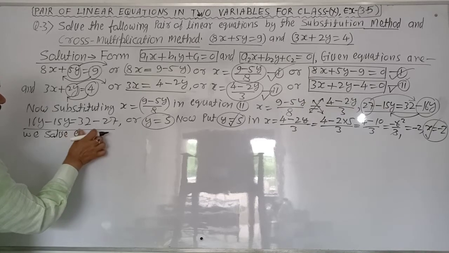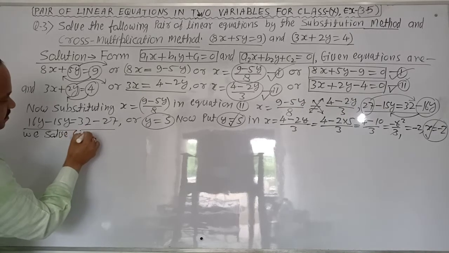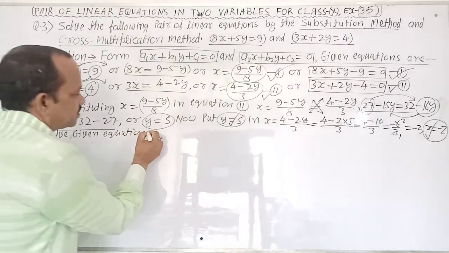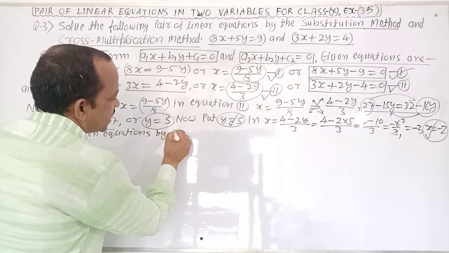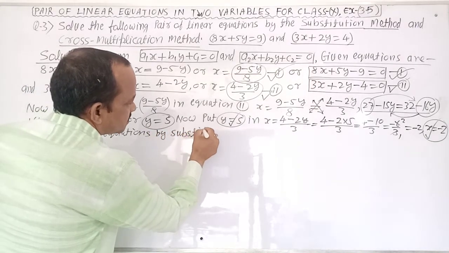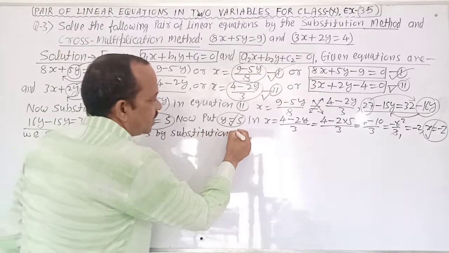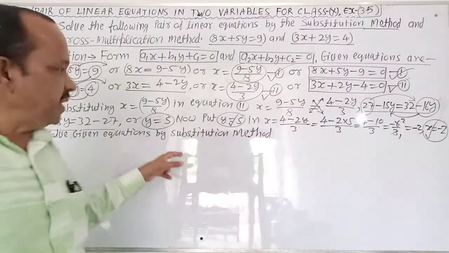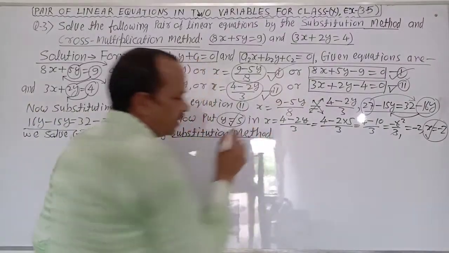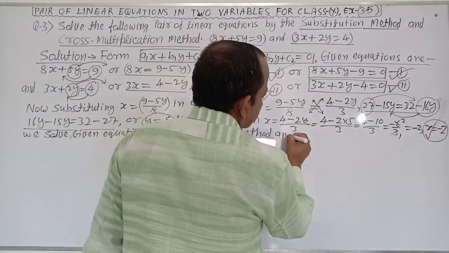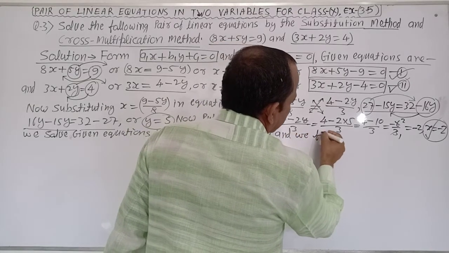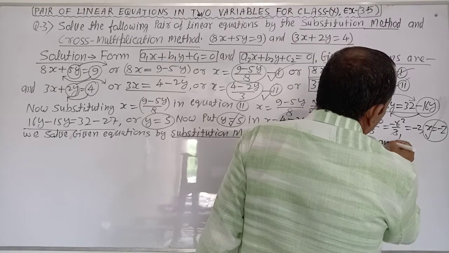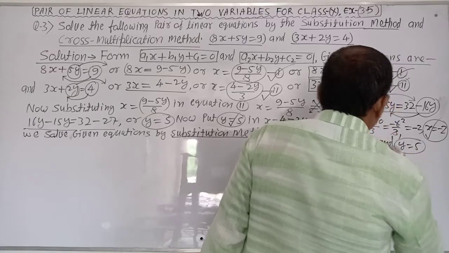We solve the given equations by the substitution method, and we find x equal to minus 2 and y equal to 5.